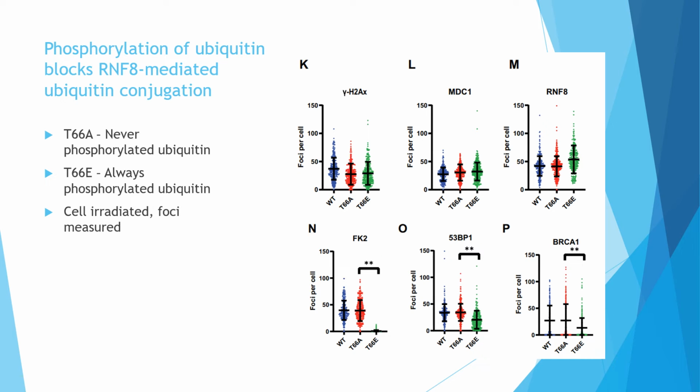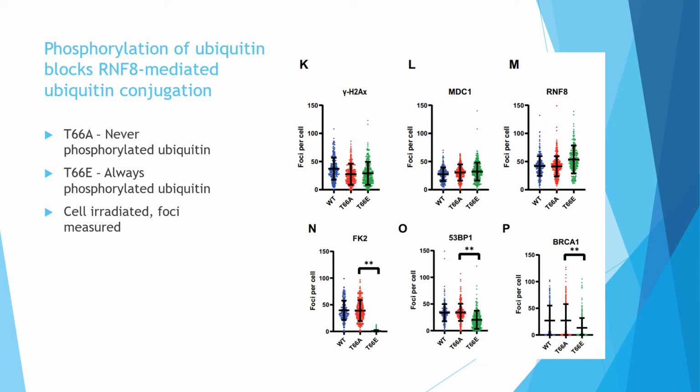And so then through several other experiments that aren't pictured here, the researchers actually found exactly what MAP4K 4, 6, 7 was phosphorylating. So they found the specific amino acid on ubiquitin that was being phosphorylated that was potentially inhibiting RNF8 from triggering that ubiquitin conjugation. And so what they did was they engineered two different cell lines.